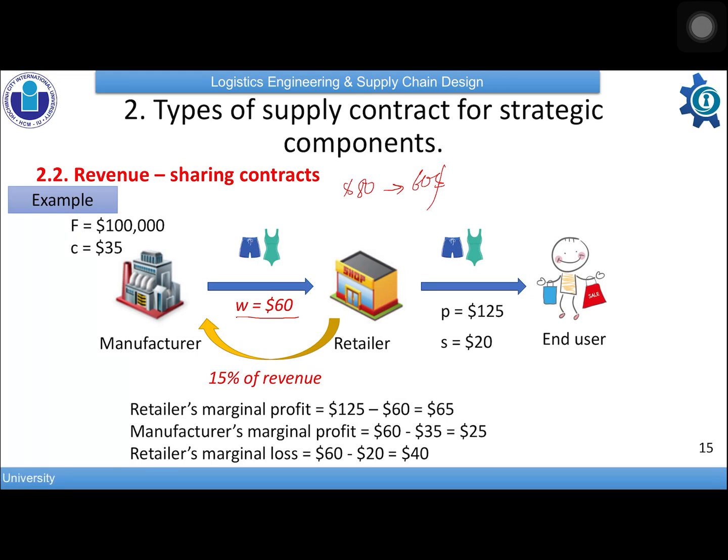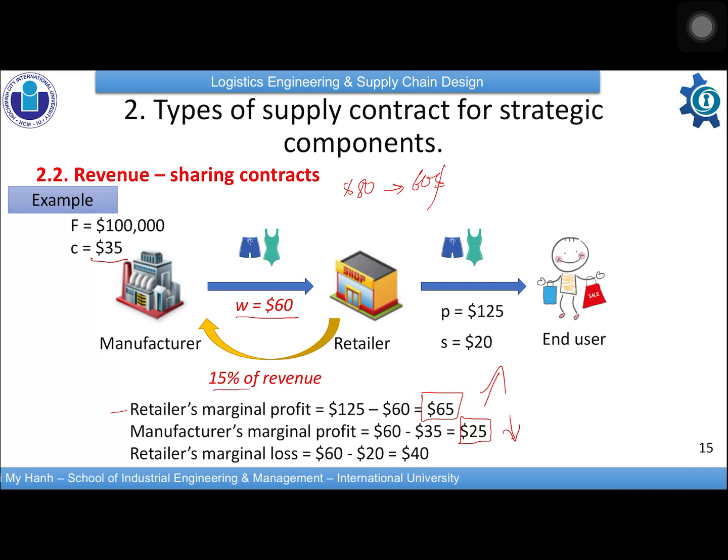So here we can calculate the retailer marginal profit, which is equal to the selling price minus the wholesale price, and we have 65. And the manufacturer marginal profit is equal to the wholesale price minus the cost, so we have 25. So compared to the last example, we see the retailer marginal profit increases and the manufacturer marginal profit decreases.